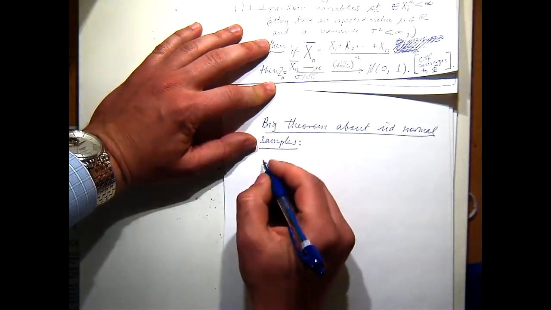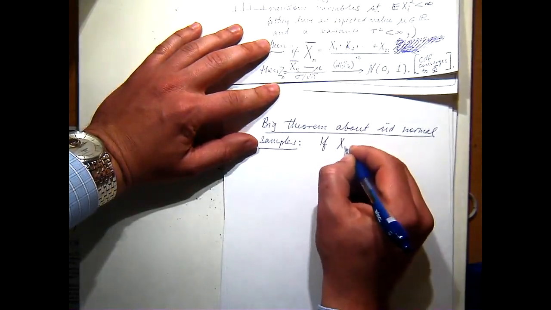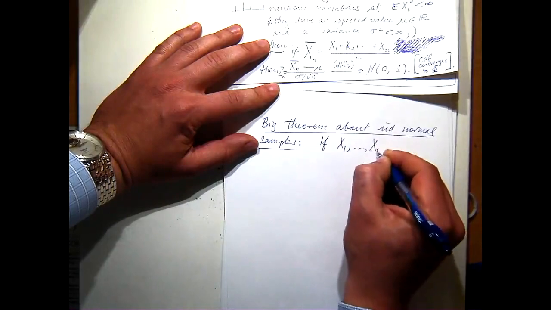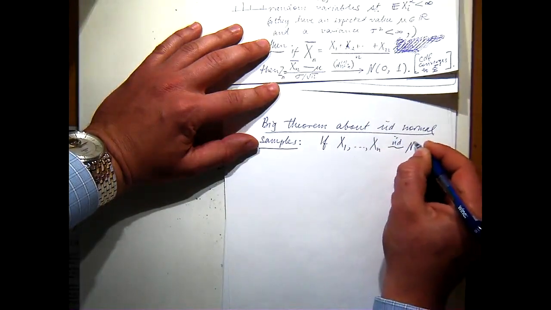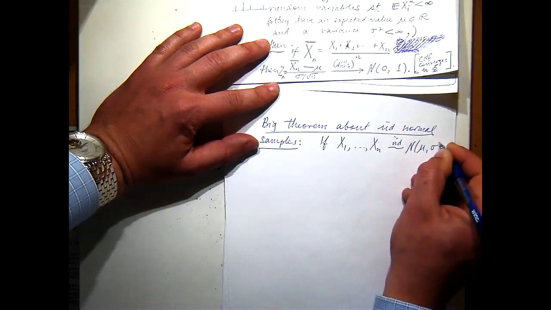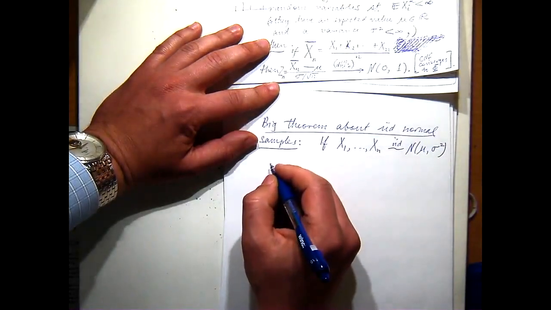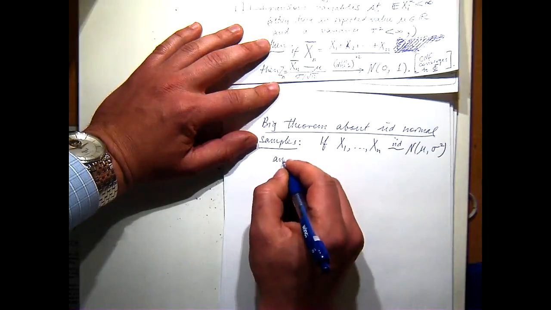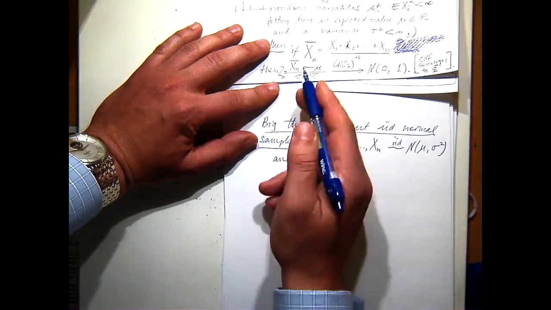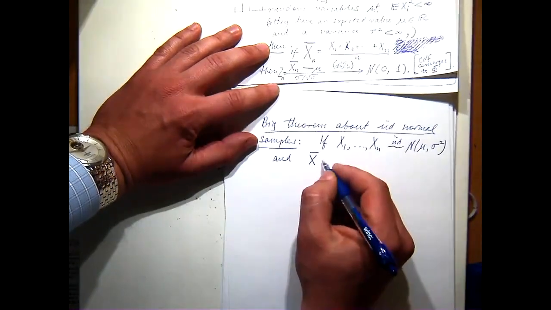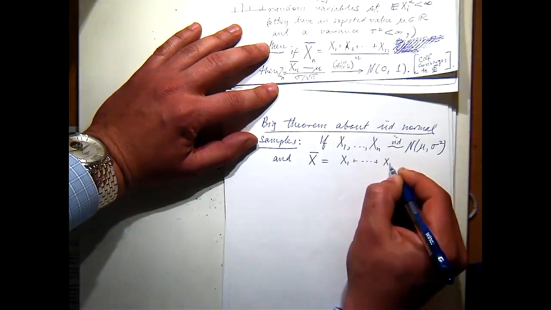So here's the big theorem. It has three parts. X1 to Xn are IID. So now I'm assuming that they are normal with mean mu and variance sigma squared. And now I'm just going to give you the notation. Of course, x bar, I'm going to drop the subscript n because I'm not letting n tend to infinity. X bar is x1 plus ... plus xn over n.